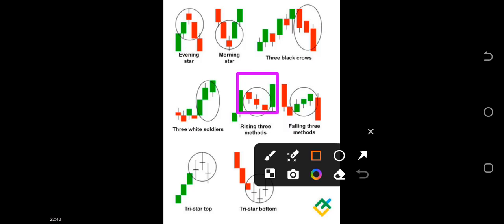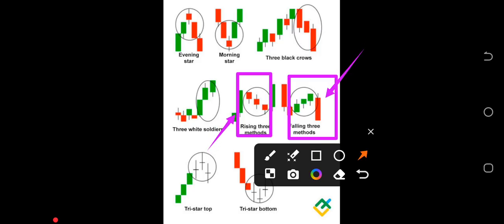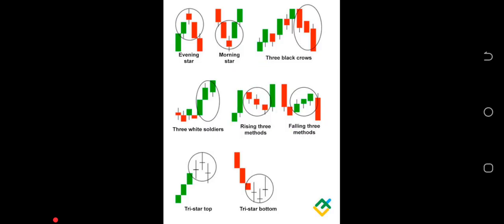these are called the rising three methods, and these are called the falling three methods. Rising and falling. Now it is rising, but you will see bearish candlesticks.